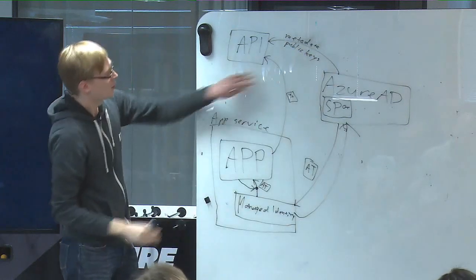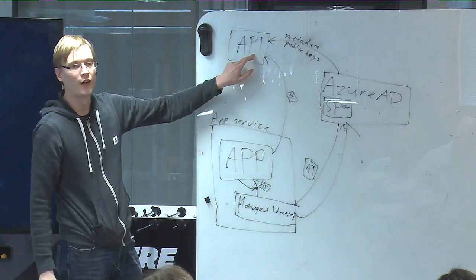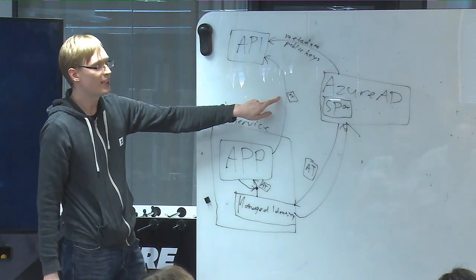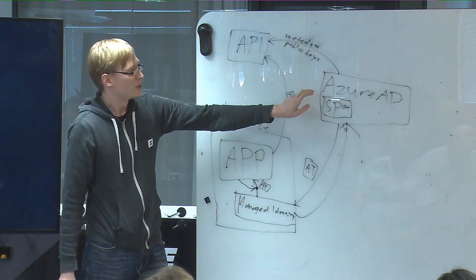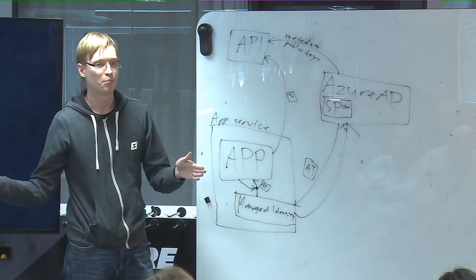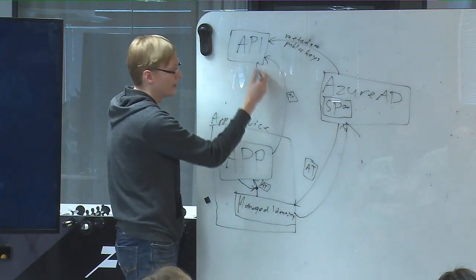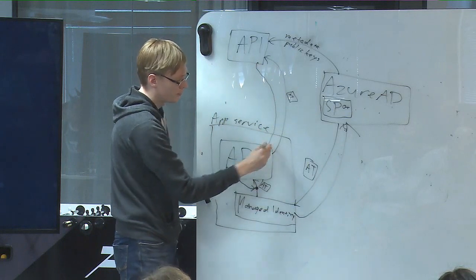Then when it receives this access token, the API can by itself verify that this token has indeed been created by your Azure AD, and it can check other things, like that it hasn't expired, etc. And if it considers it valid, it will return a response to you.